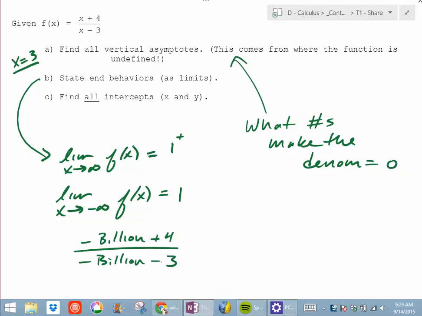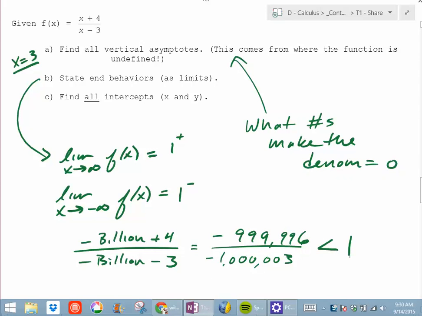But is it smaller than 1 or bigger than 1? What do you think? Tricky. What's the one on top? Negative 999,996. Over, so what's this going to be? 1 from the bottom, because this thing right here is less than 1.